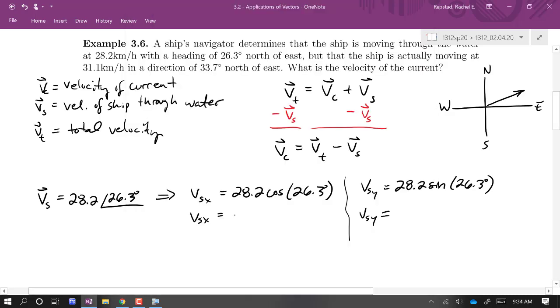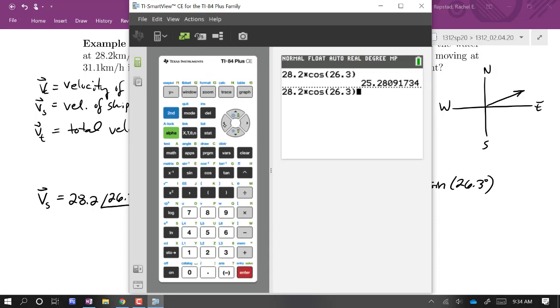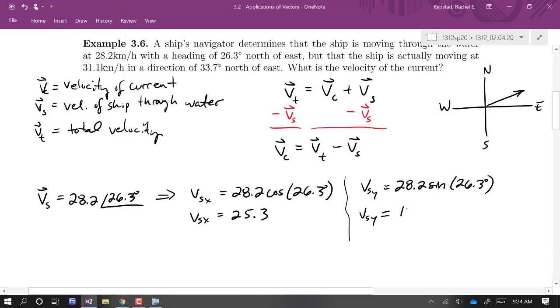That gives .3 for the x component, and .5 for the y.